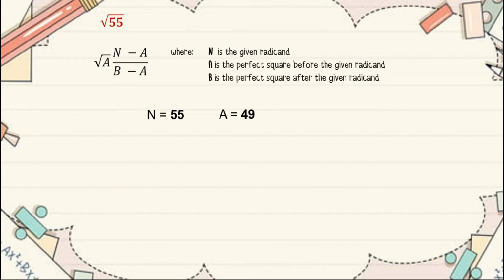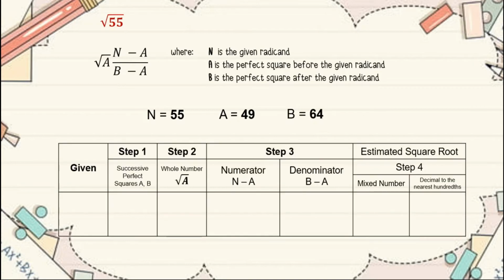And the perfect square after the radicand is 64. Let's follow these steps. Let's write the given, and that is square root of 55. And again, the successive perfect squares are 49 and 64.